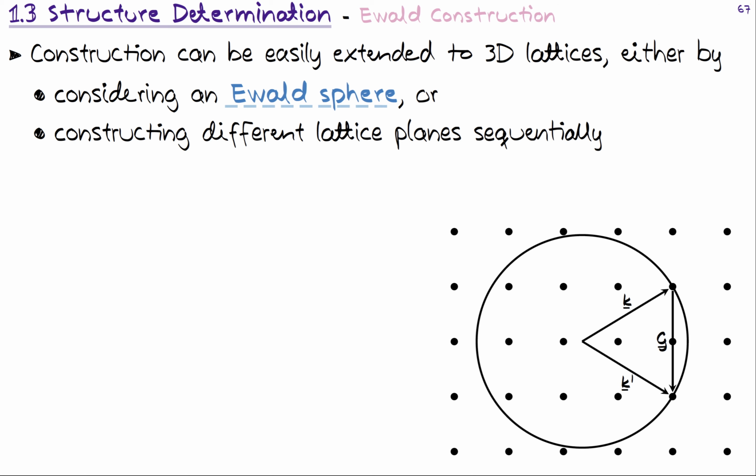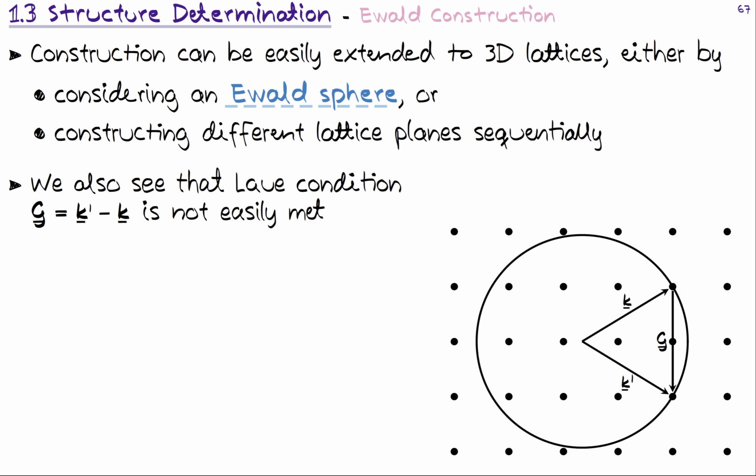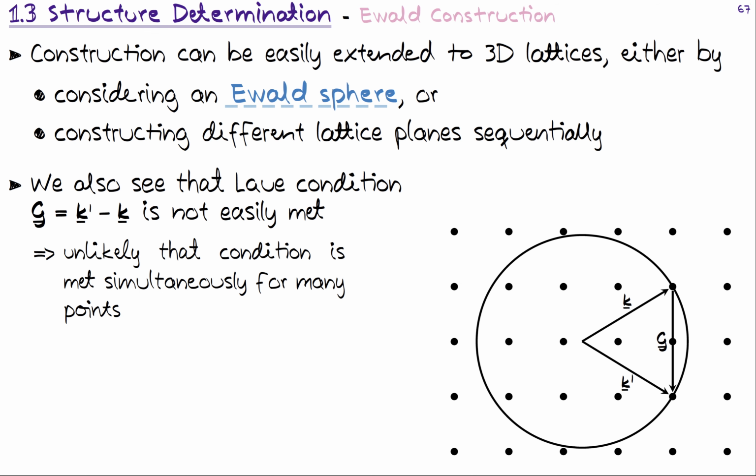And what we see, by just drawing these figures, is that this Laue condition is not very easily met in practice. It's not often the case that this circle actually intersects a reciprocal lattice point. This means it's very unlikely that the condition is simultaneously met for many points.